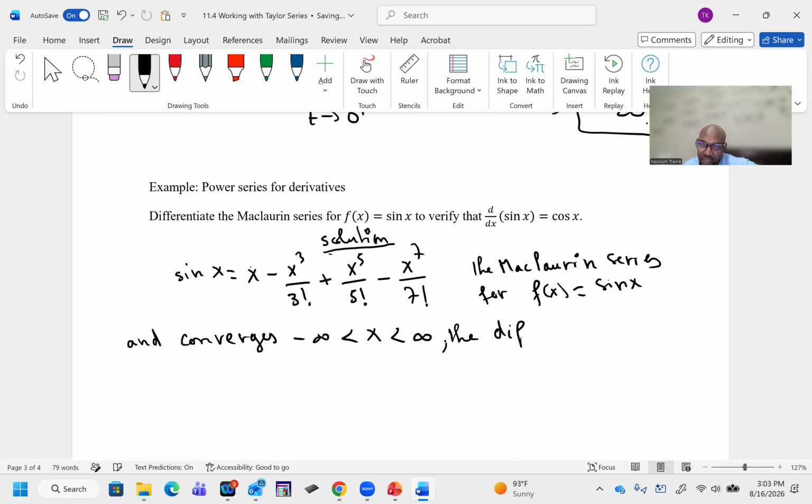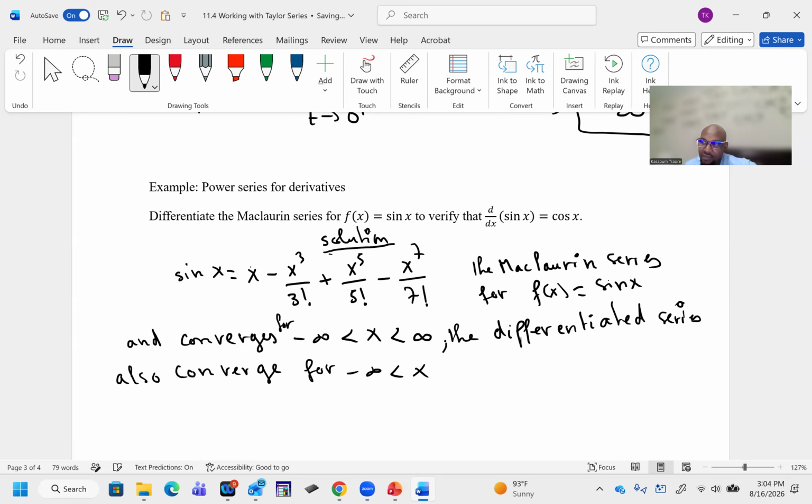If you find the derivative, that will also be convergent. The differentiated series also converges for negative infinity less than x less than positive infinity.